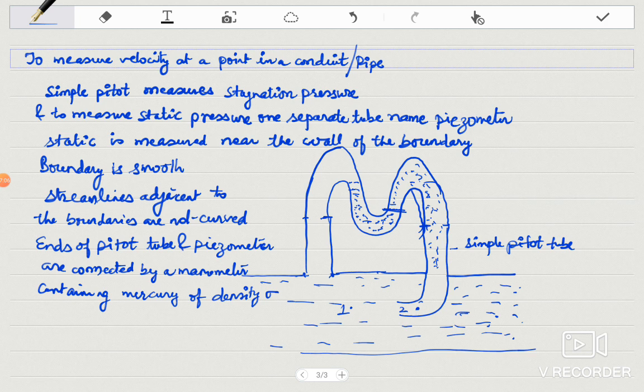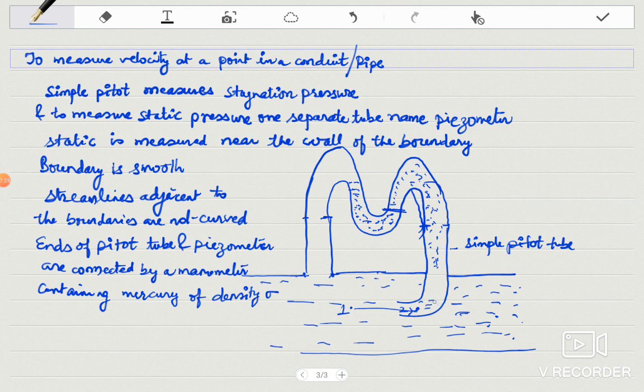Now you see, your stream is going from point 1 to point 2, and 2 is the stagnation point. At this point velocity will be 0, and this will increase the pressure.